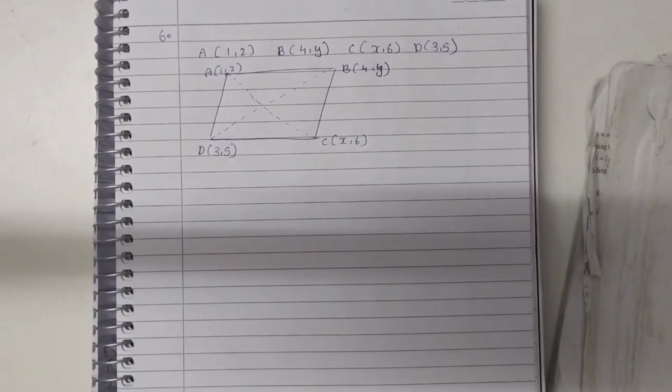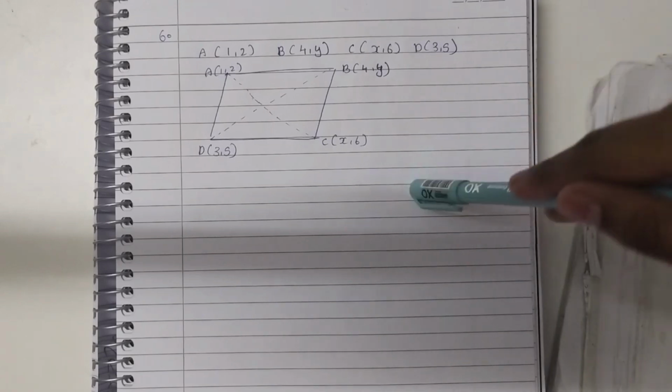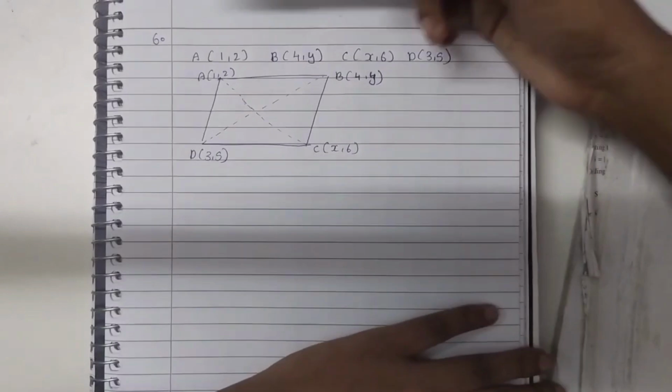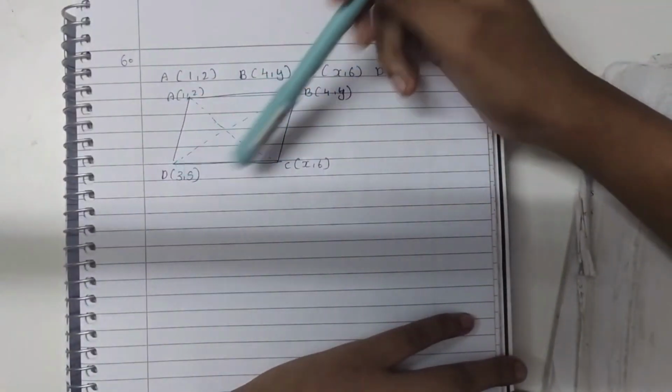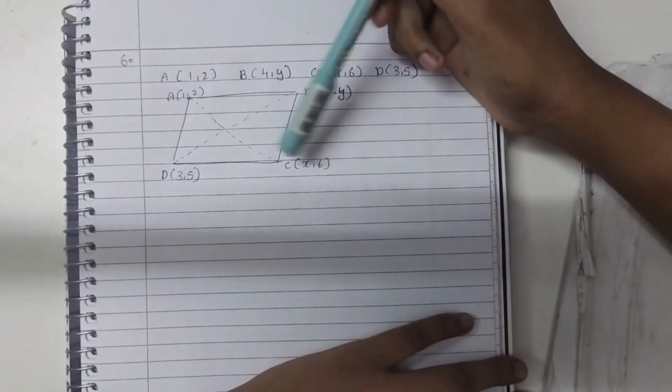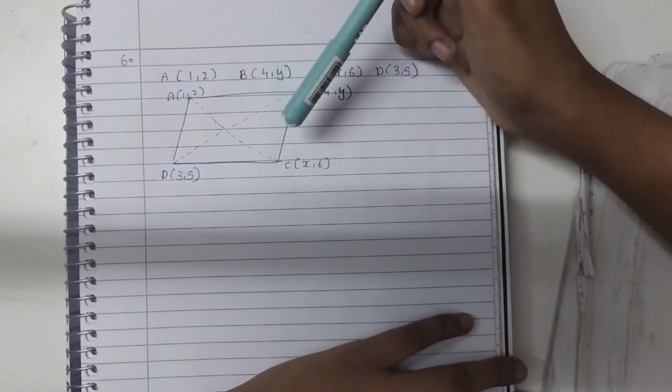In the sixth question, they've given that if the points (1, 2), (4, y), (x, 6), and (3, 5) are the vertices of a parallelogram in order, we need to find x and y. Since the given points, which we're going to assume as A, B, C, and D, are the points of a parallelogram, we know that the diagonals of a parallelogram bisect each other.